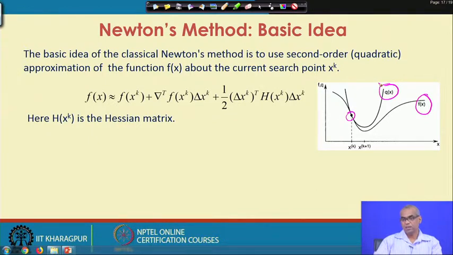Look at here, the point x k is such that the quadratic approximation q x and the function f x have more or less the same minimum point.